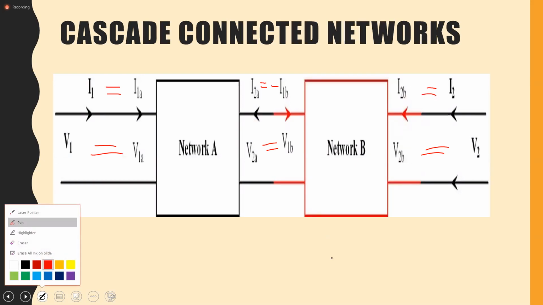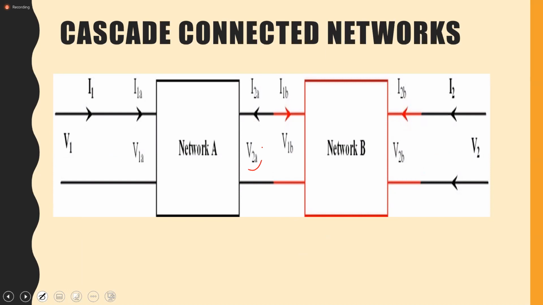We know that V2A is equal to V1B. We also know that I2A is equal to minus I1B. So we're going to make those substitutions.